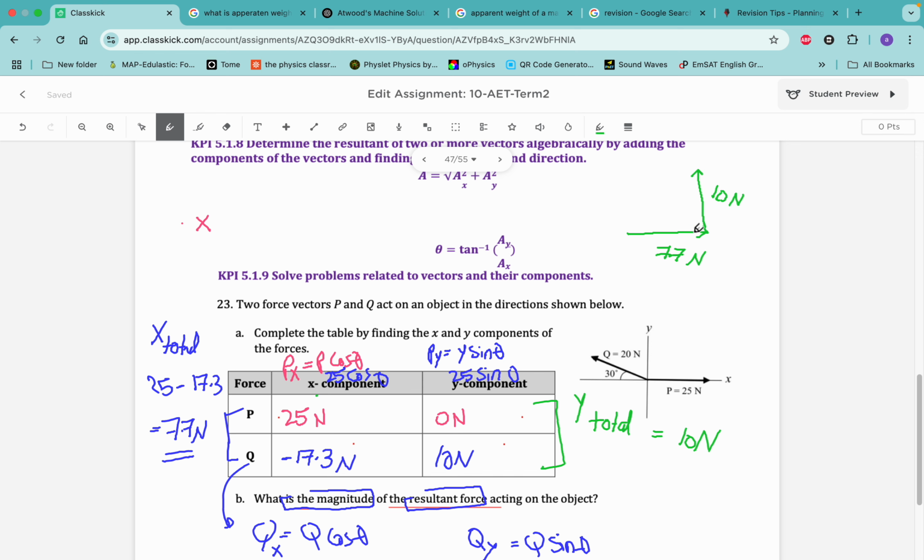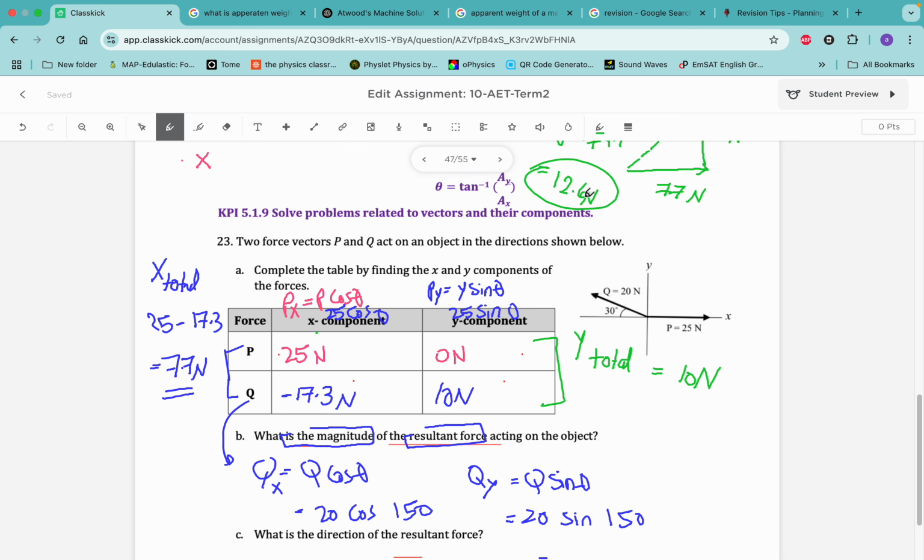Here we're adding them head to tail, then the resultant will be here, using the square root of 10 squared plus 7.7 squared. Don't forget the radical or square root. Our answer is 12.6 Newton. So this is the magnitude.